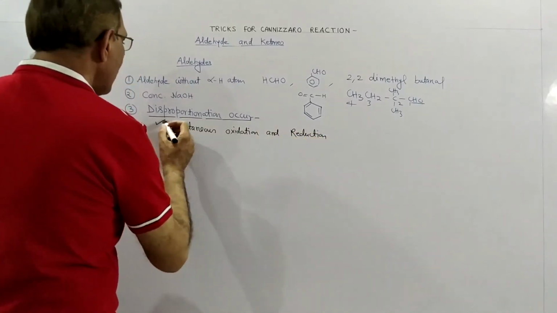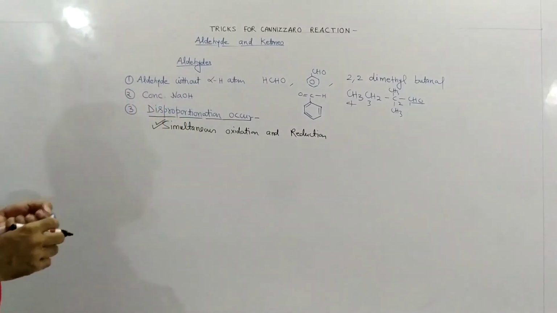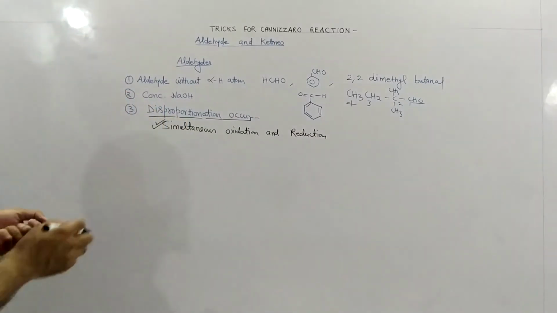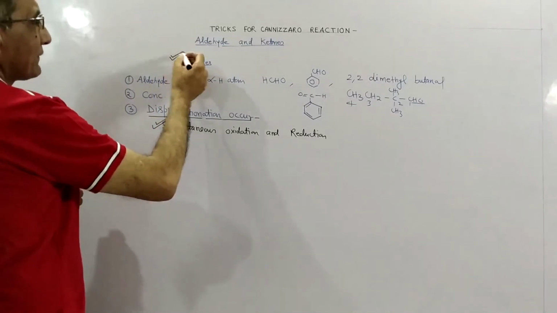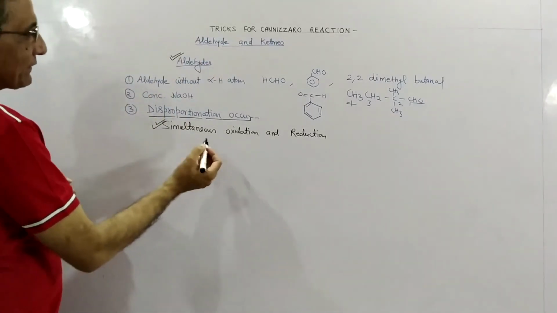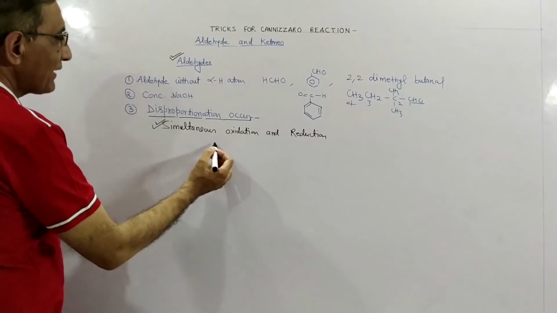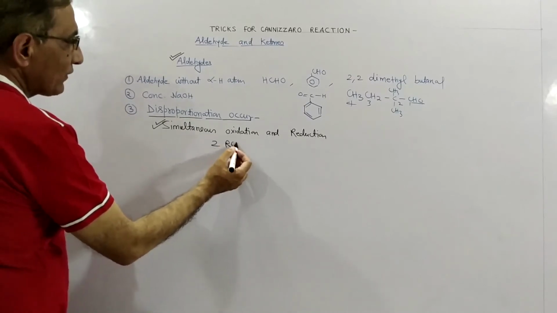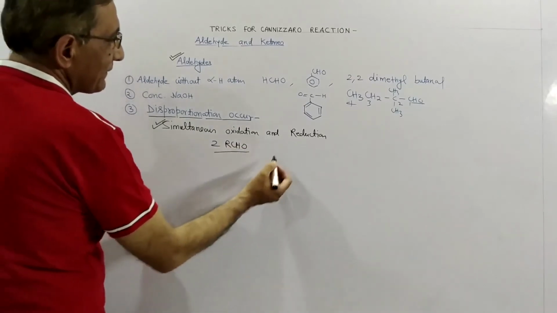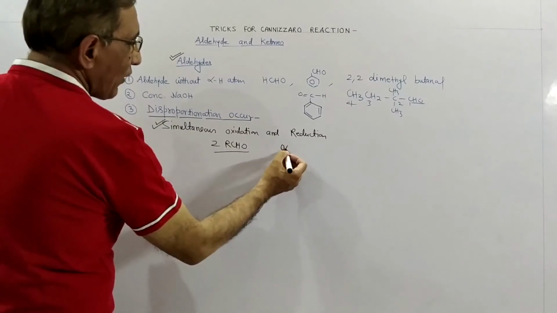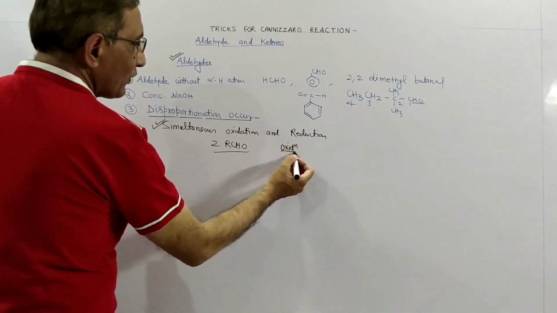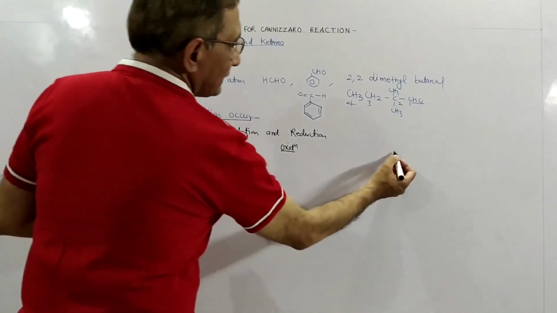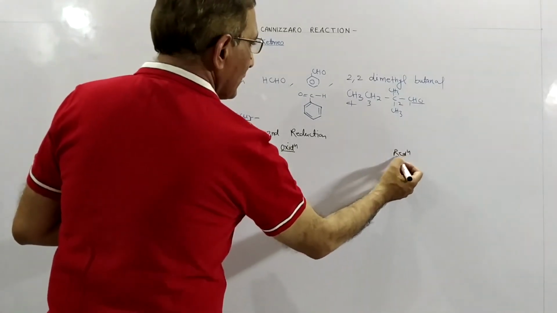Now you have to understand the meaning of this simultaneous oxidation and reduction. In this case we take 2 aldehydes. In general, suppose I am taking 2 molecules of this aldehyde, then there will be oxidation of one molecule and reduction of another molecule.